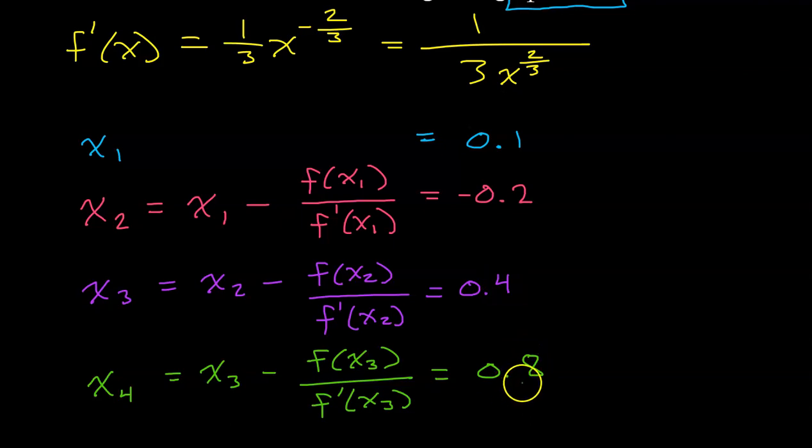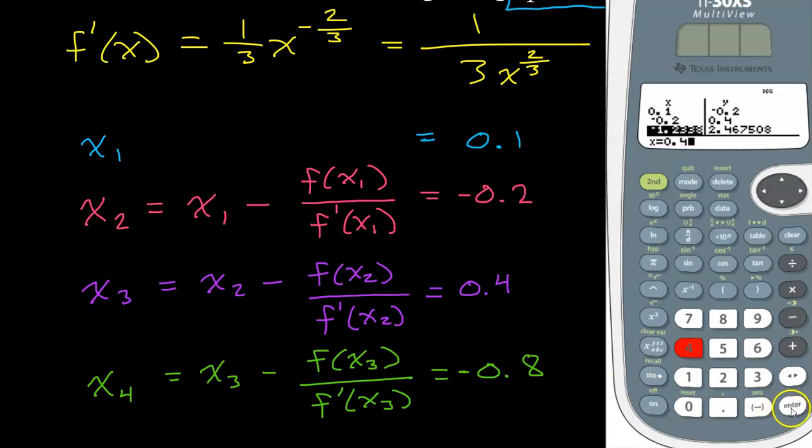I'm betting the next one is going to be 0.8. Now, what about the sign? It seems to be going positive, negative, positive, negative. So I'm betting that the next value is going to be negative 0.8. But let's find out. Oh, look at that, negative 0.8.